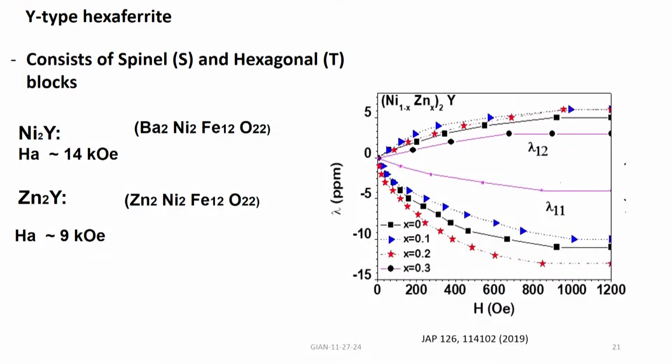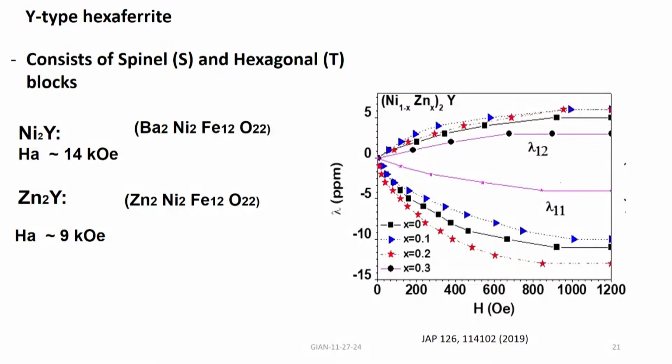And this is Y type, it has also an anisotropy field, but the anisotropy field orientation is not uniaxial, it is in the C plane. The anisotropy is in the C plane of the ferrite, but the magnitude is somewhat smaller than the value for M type ferrites.